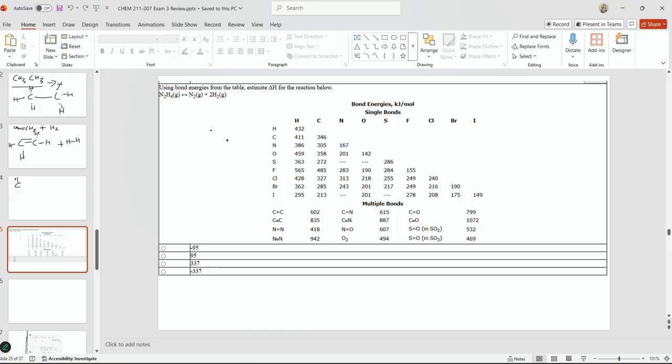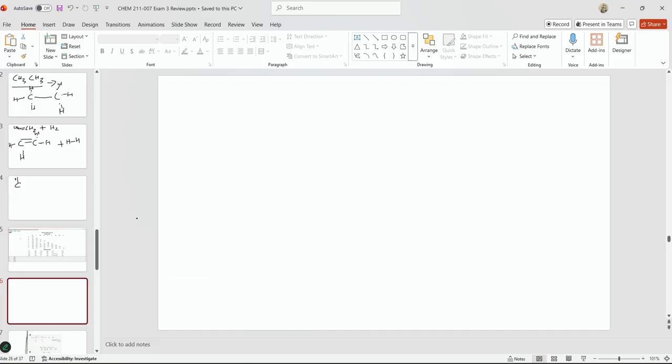All right, we have N2H4 going to N2 plus 2H2. Right. So how would you make a Lewis structure for N2H4?